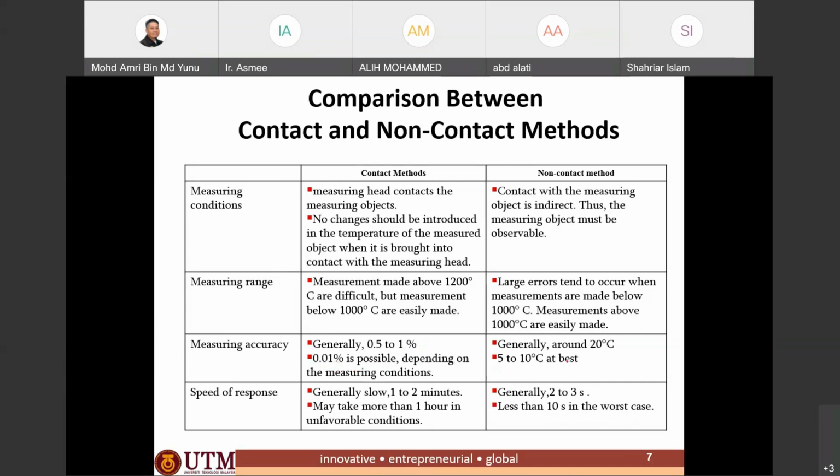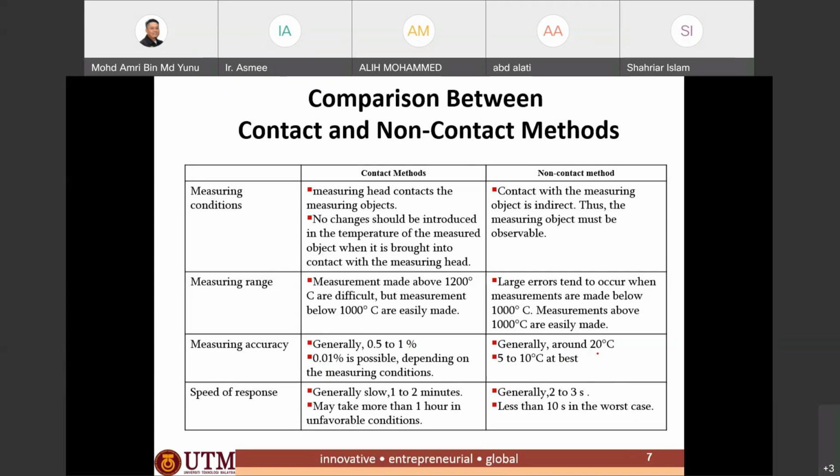For the non-contact method, the accuracy can be around 20 degrees Celsius. It's quite large. But in the non-contact method, we usually measure very high temperatures. So 20 degrees Celsius is a small fraction of the true value that is being measured.